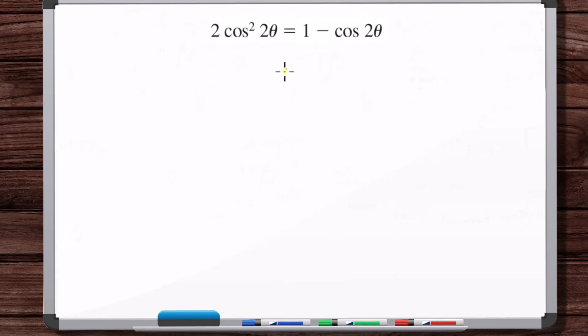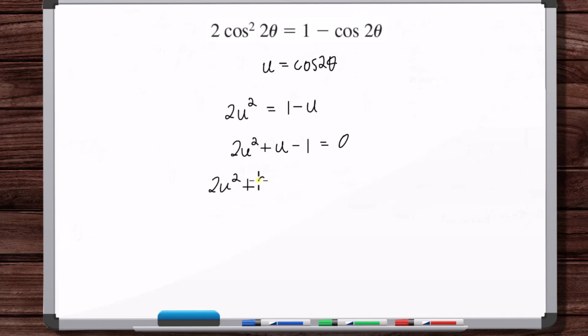Okay, same idea. We have the same trig function throughout this entire equation. So make a substitution for a variable. We have 2u squared is equal to 1 minus u, quadratic equation. So add u to both sides. Okay, now let's see. We've got 2u squared plus 2u minus u.